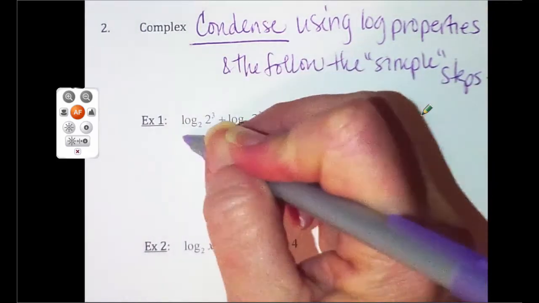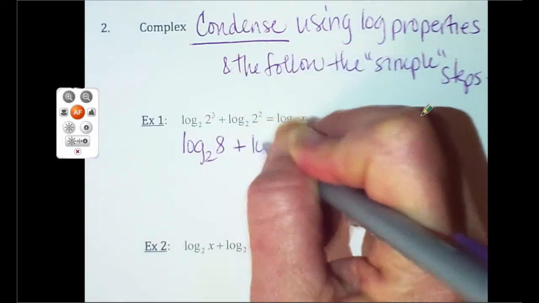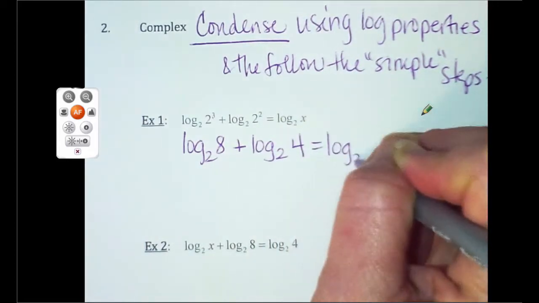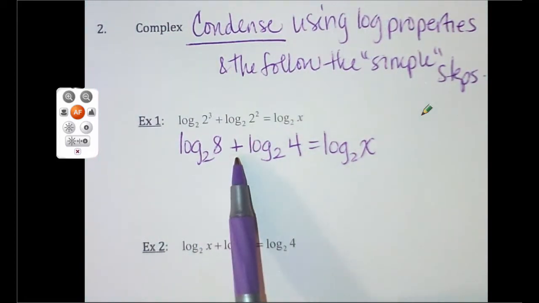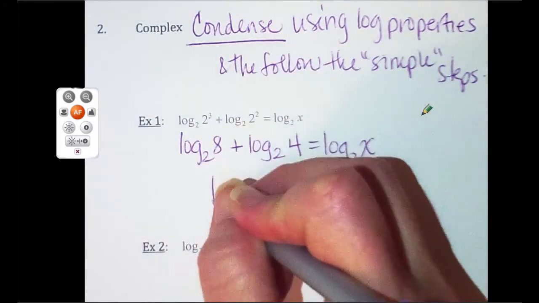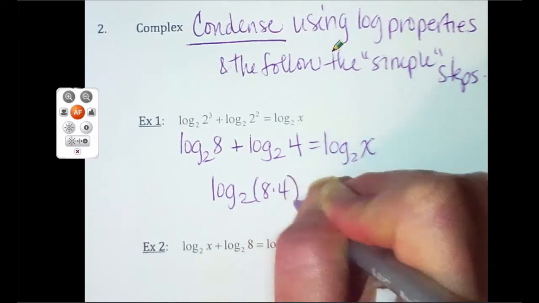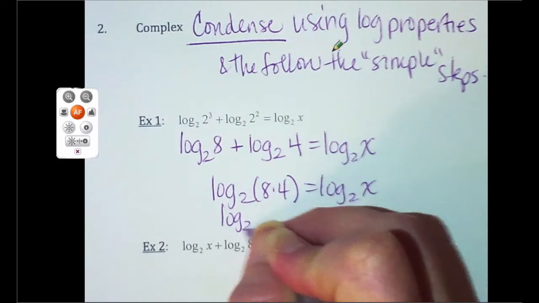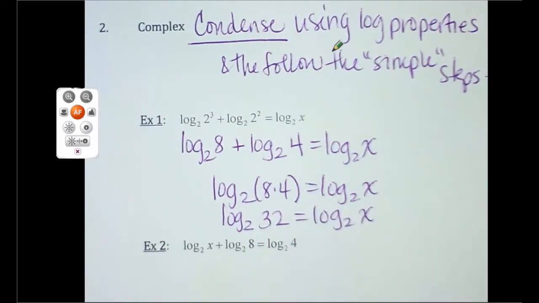So this is log base 2 of 8, 2 cubed is 8, plus log base 2 of 2 squared, which is 4, equals log base 2 of x. Simplify where you can. Now I have 2 logs base 2 separated by addition. I can condense that back into a multiplication problem. So this is log base 2 of 8 times 4 equals log base 2 of x. 8 times 4 is 32. So I have log base 2 of 32 equals log base 2 of x.